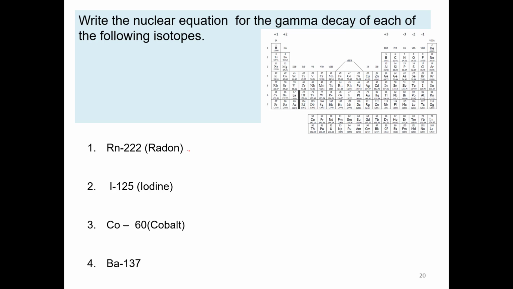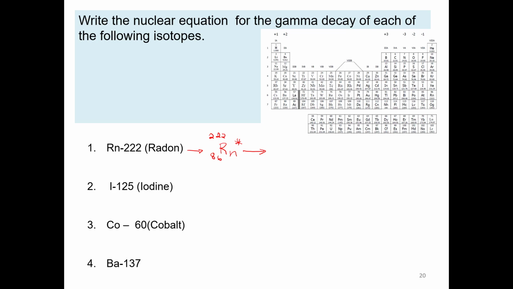For this one, we need to write the mass number and the atomic number. We need to check that in the periodic table. In this case, it is 86. Yes, it's 86. Then let me write these numbers. This is the excited state of the radon.